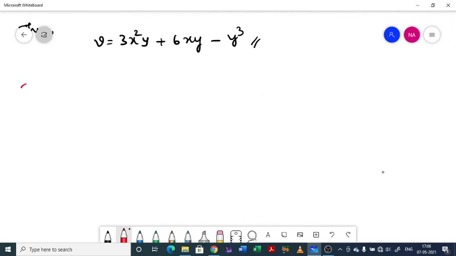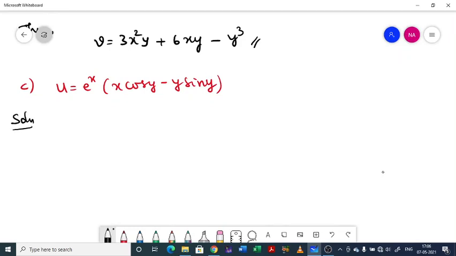C: u equal to e power x times x cos y minus y sin y. Solution. u, let us keep it in this form only, e power x into x cos y minus y sin y.